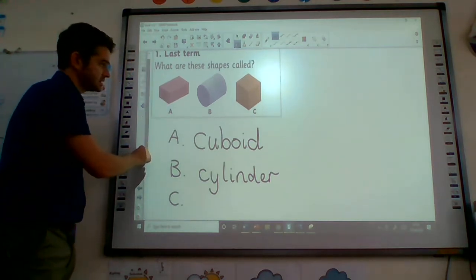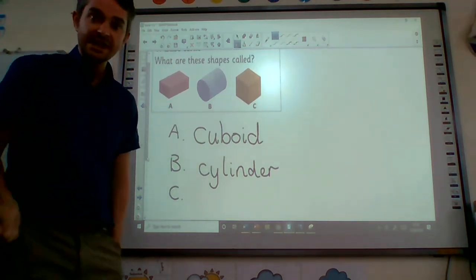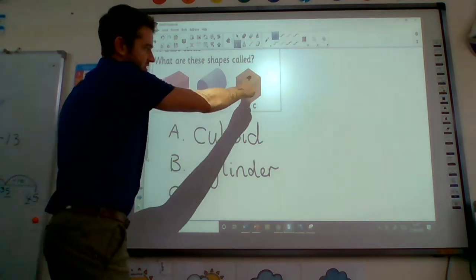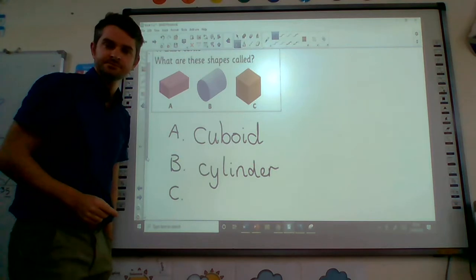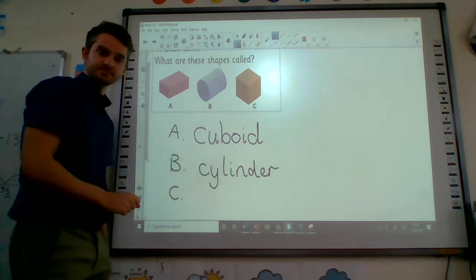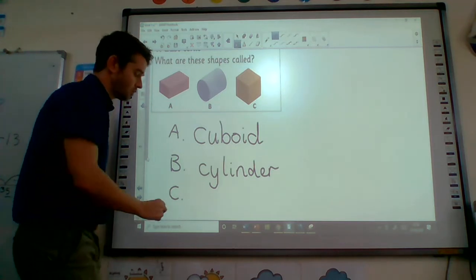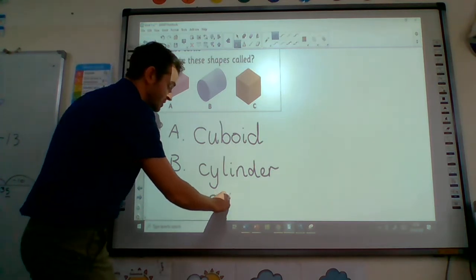And then the last one is a shape we see quite a lot when we're playing dice games. Can you remember the name of this shape? Write it here. C was a cube.